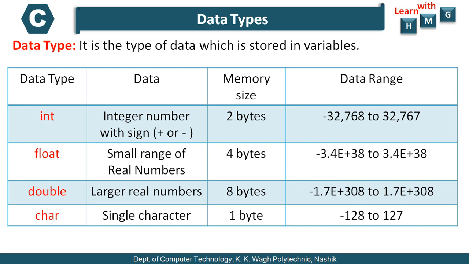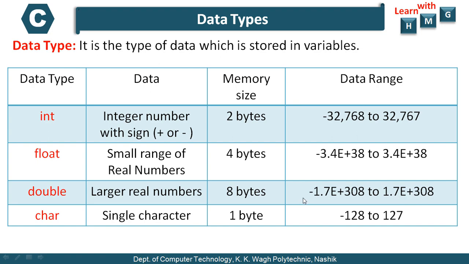If your number is not within the range of the float data type, then you can go for double, which occupies 8 bytes of memory, and you can see a very large range, minus 1.7 into 10 raised to 308 to 1.7 into 10 raised to plus 308. This is the range of double, that is, double precision floating point values.